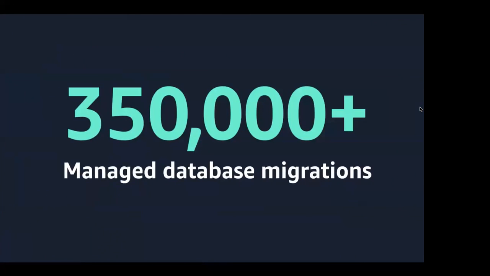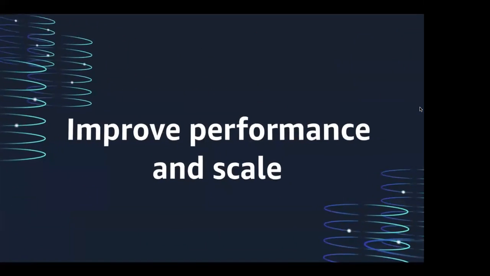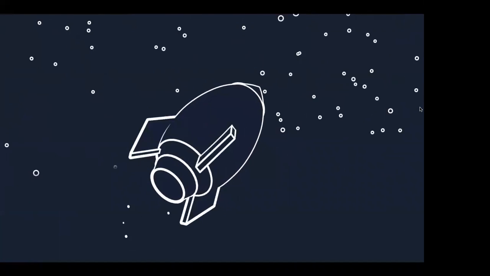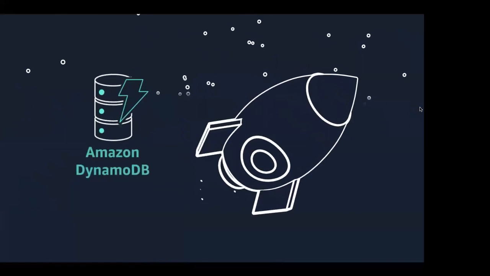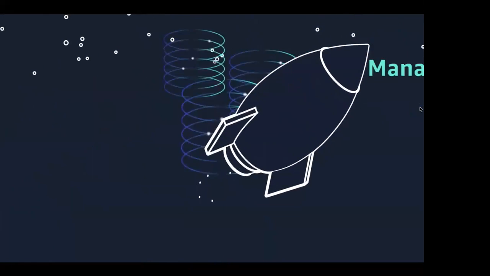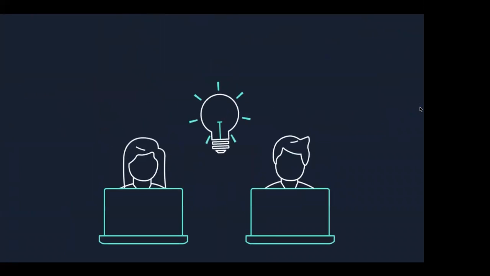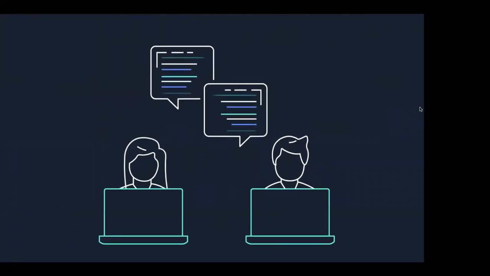Hundreds of thousands of customers have saved time and cost, improved performance and scale, and innovated faster by leaving legacy databases behind and moving to AWS purpose-built databases like Amazon Aurora, Amazon DynamoDB, and Amazon Redshift. AWS databases are fully managed, freeing your teams from the time-consuming and undifferentiated heavy lifting of database administration, so they have more time to build applications.